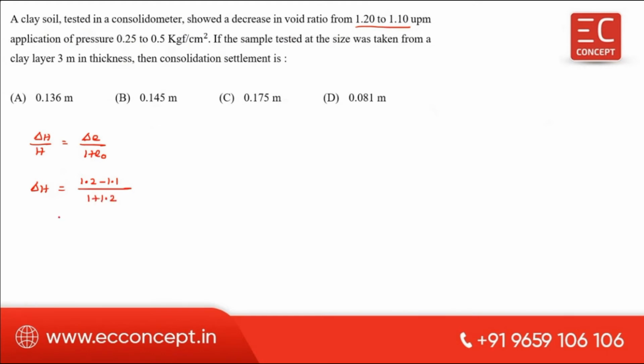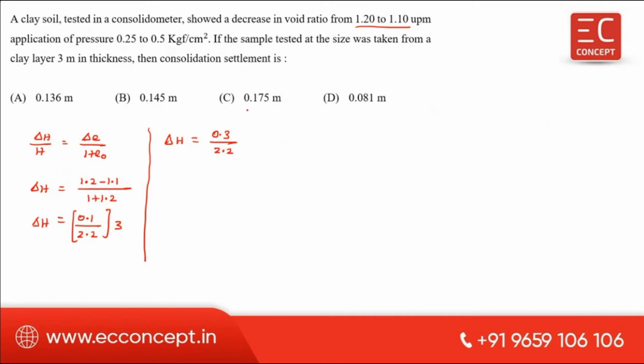So this answer is 0.1 divided by 2.2 into, what is the height? So height of the soil sample is 3 meters. So this is the delta H. Now delta H is equal to 0.3 divided by 2.2.